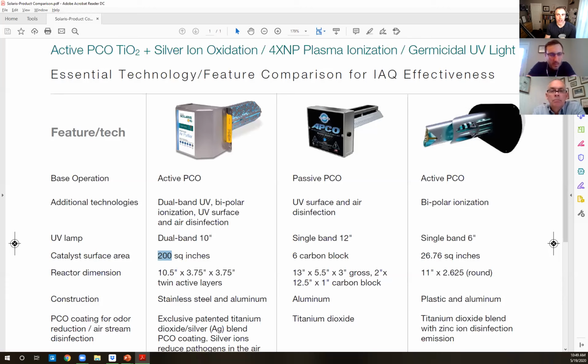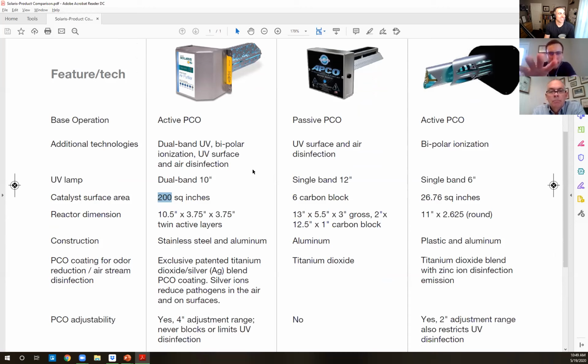Ron, you should probably clarify why we have so much surface area based on our design. Basically, how many sides is it, Scott? Four sides. But there's another layer beneath that you just can't see. If you saw it in person, you'd be able to see that better. Basically, you wrapped it two times over.